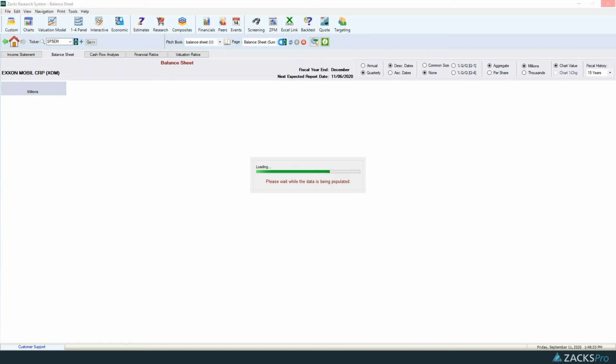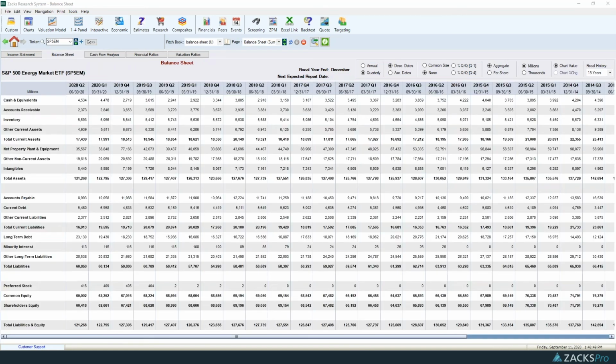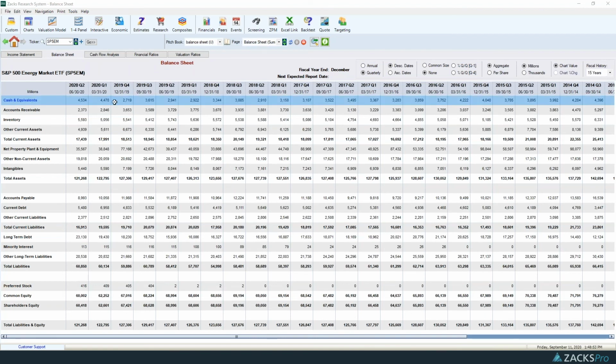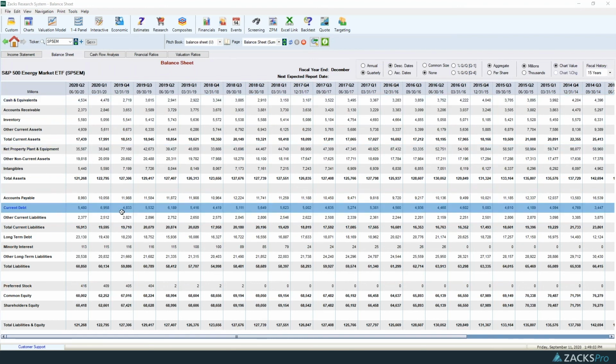And you can do this for any of the other charts too, like the net debt to EBITDA, or you can even do this for all companies within energy to look at the liquidity ratio. But you can see here, for example, that the market cap weighted average energy stock had about 2.7 billion in cash and 4.8 billion in current debt.